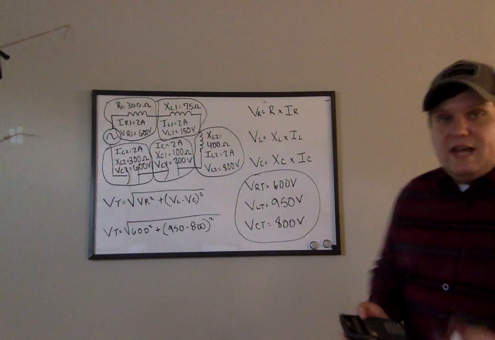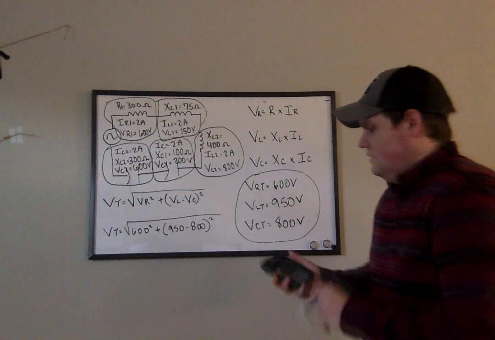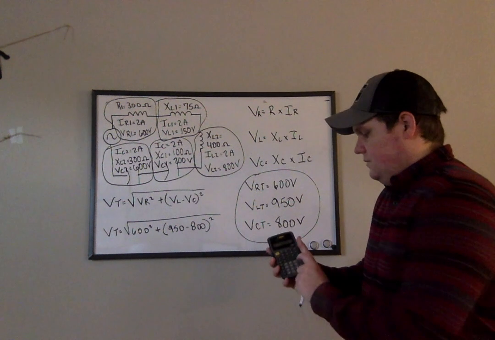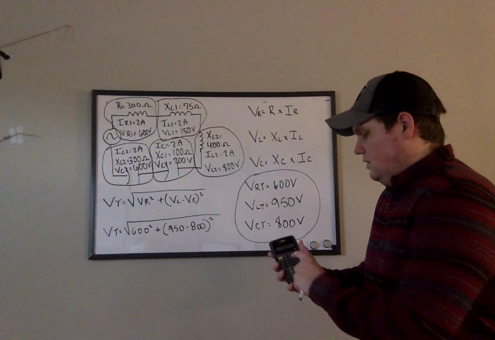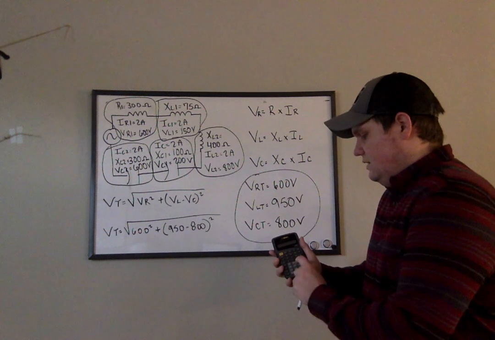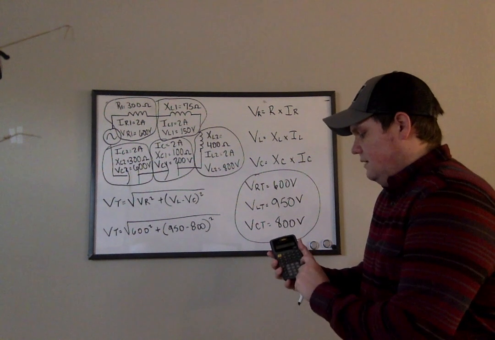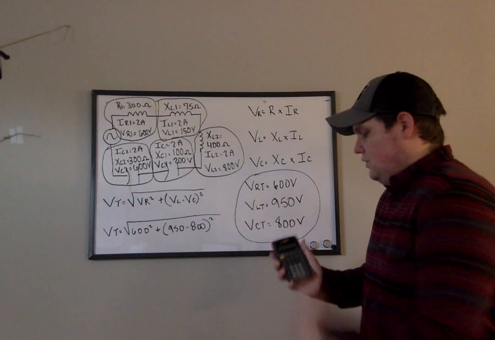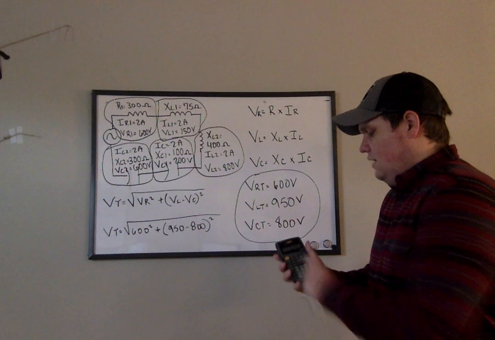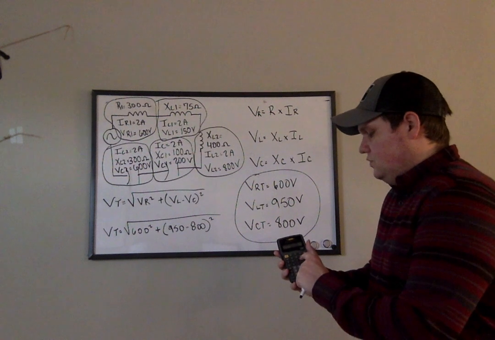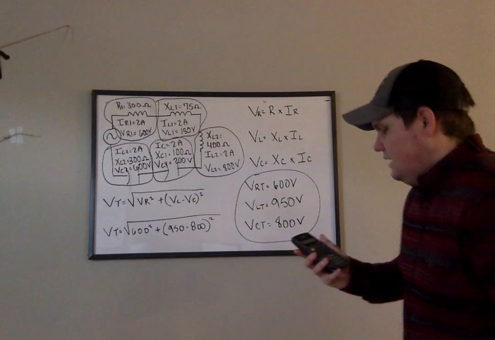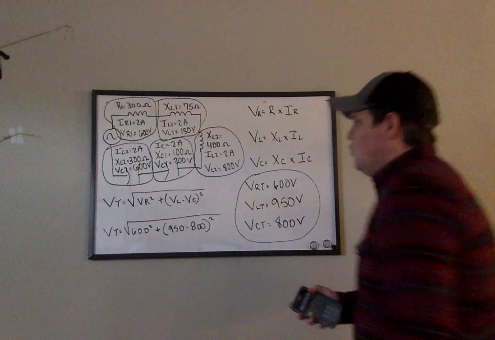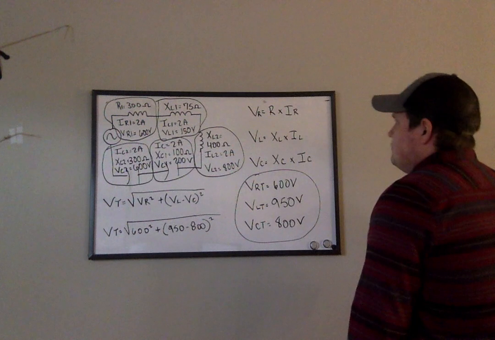So let's do that in our calculators. I have 600 squared plus parentheses 950 minus 800 close parentheses and squared, hit equals, and then square root it. And that gives me 618.47 volts.